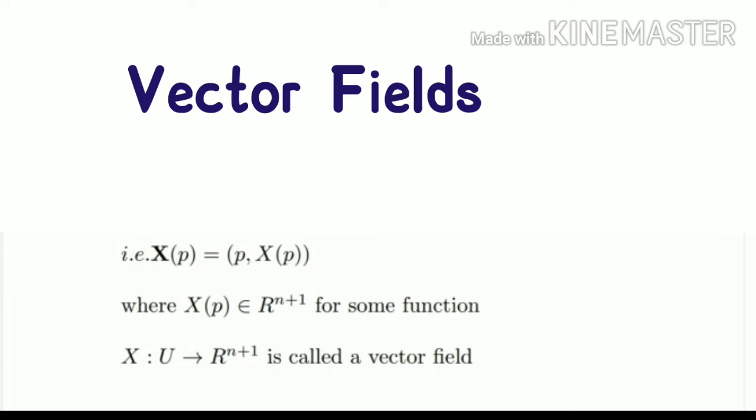That is, X(P) = (P, x(P)), where x(P) belongs to R^(n+1) for some function x from U to R^(n+1), is called a vector field, and the function x is the associated function of the vector field X.